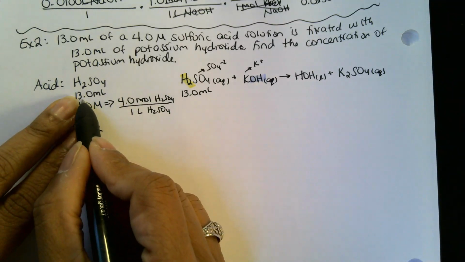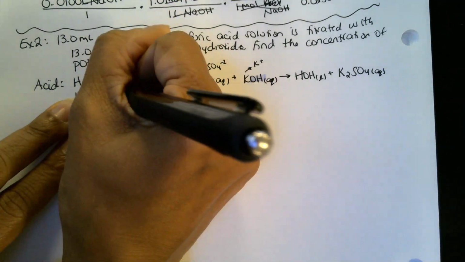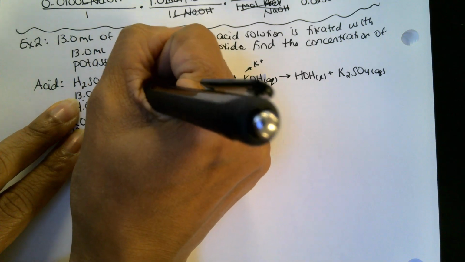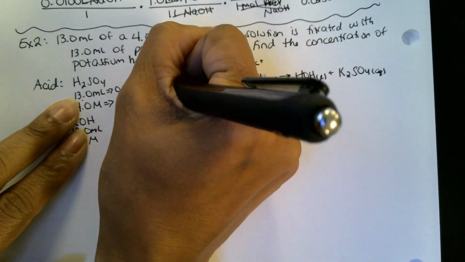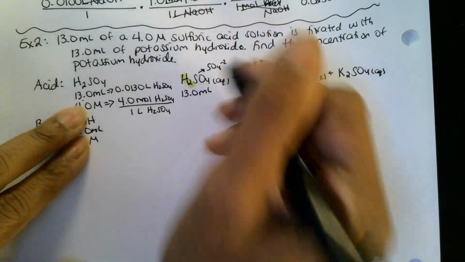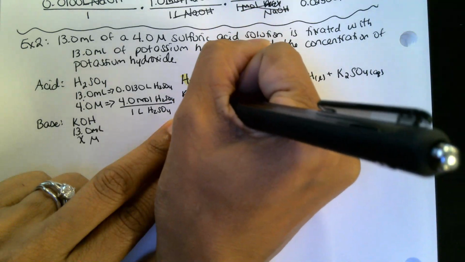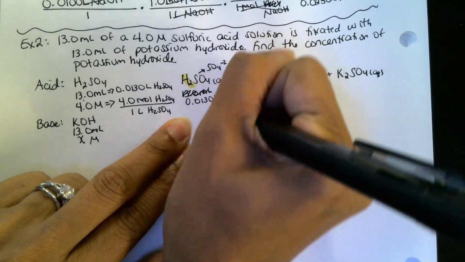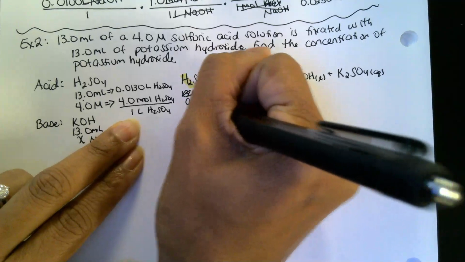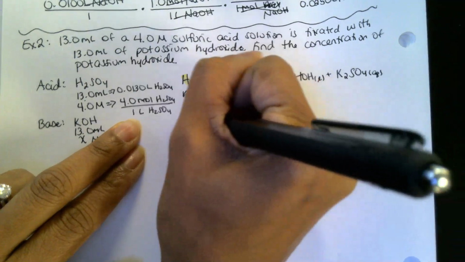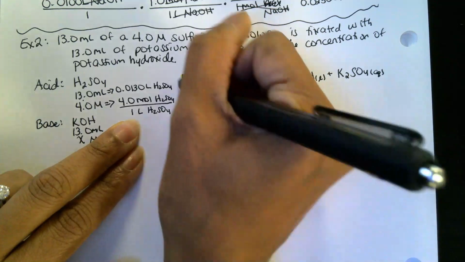I need to convert this to liters, so I divide by 1,000. 0.0130 liters of H2SO4. So I can put that right in here instead. And then this one's 4.0. I'll do the whole thing. Moles over 1 liter.